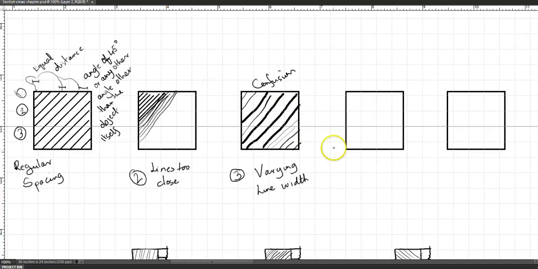Okay, now the fourth one we have to keep in mind is when we are doing these hatchings, try to keep the hatch lines lighter than the object lines.